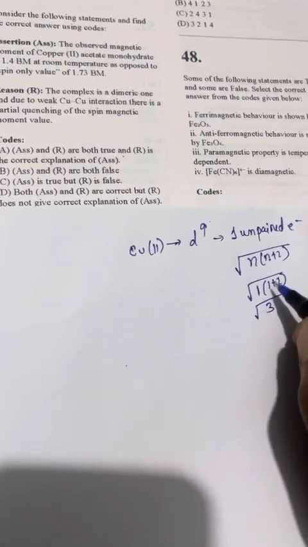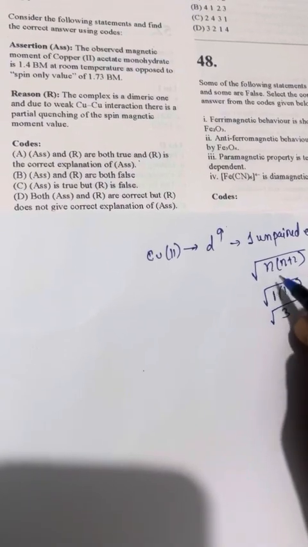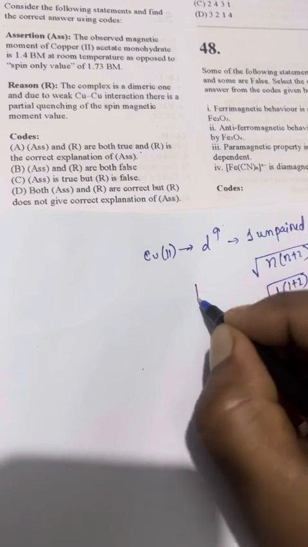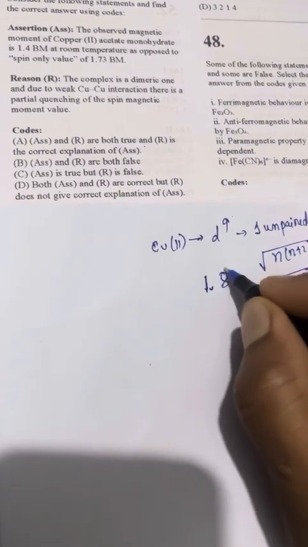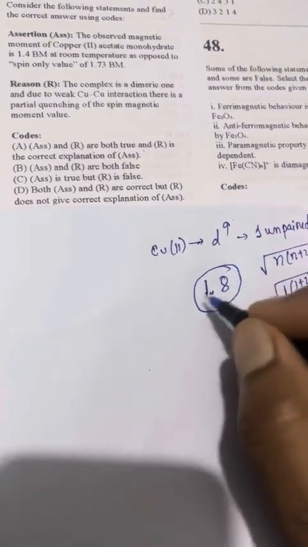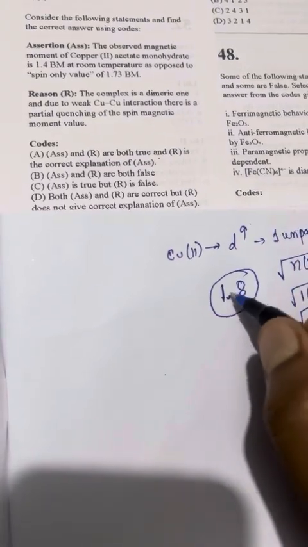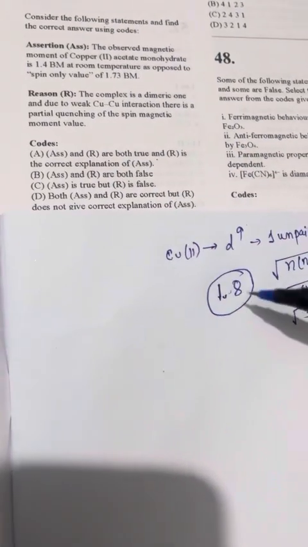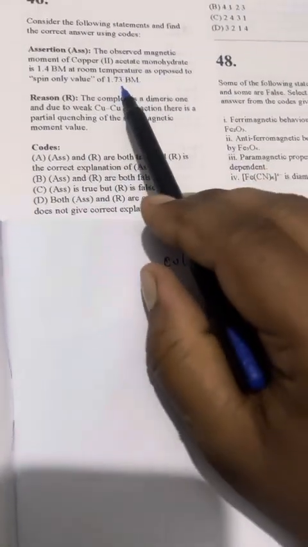We can calculate it this way, but we'll use a trick. The trick is, write the number of unpaired electrons and put it on 8. I have told you this trick in the last video, you can check it there also. So it is nearly 1.8, it will be just a nearer value. So it is right, it means this assertion is right.